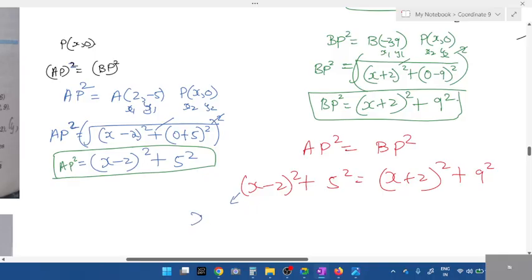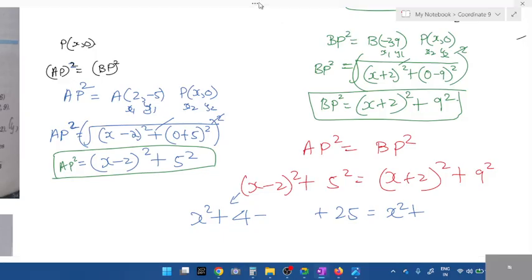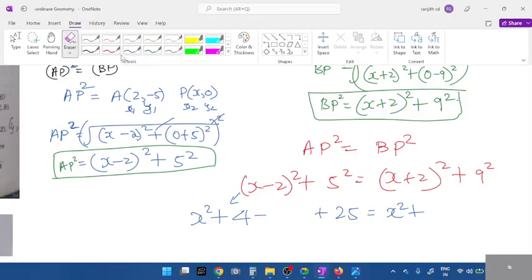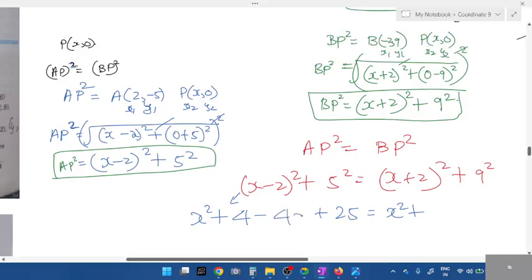Okay, complete this. x square, a square plus b square minus 2ab, or you can directly write it as 4x. x square plus 4 minus 4x plus 25. x square plus 4 plus 4x plus 81. Shift everything, you'll get the value of x, students.